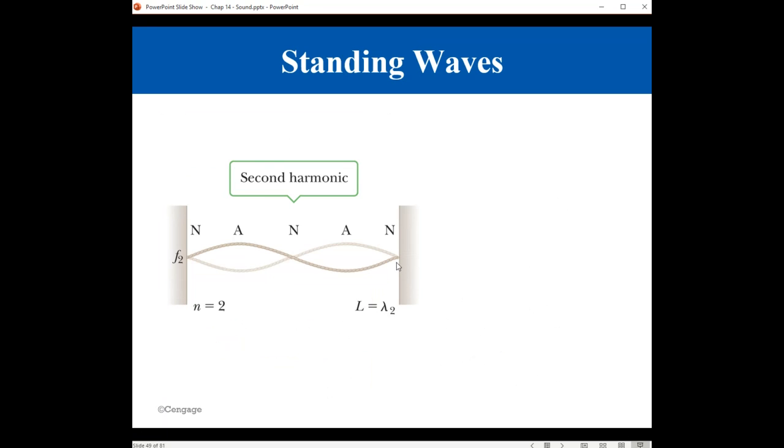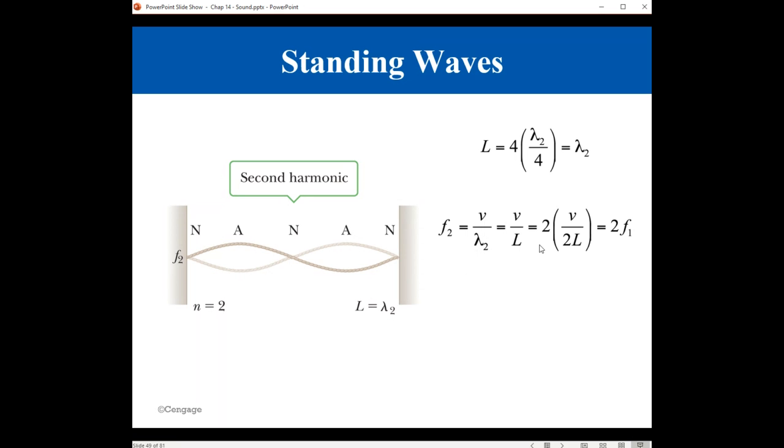The second situation, when the standing wave is created like this, in this case, the whole length is equal to 1 wavelength. So L is equal to lambda for the second harmonic. Therefore, f equals v divided by lambda.